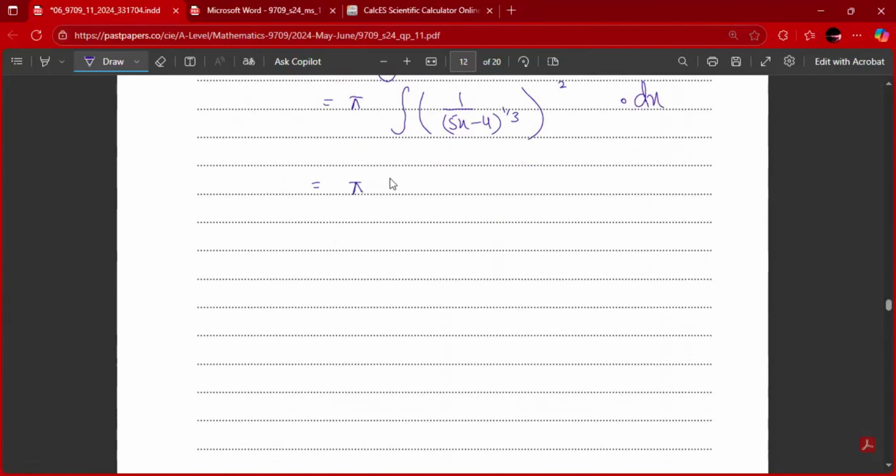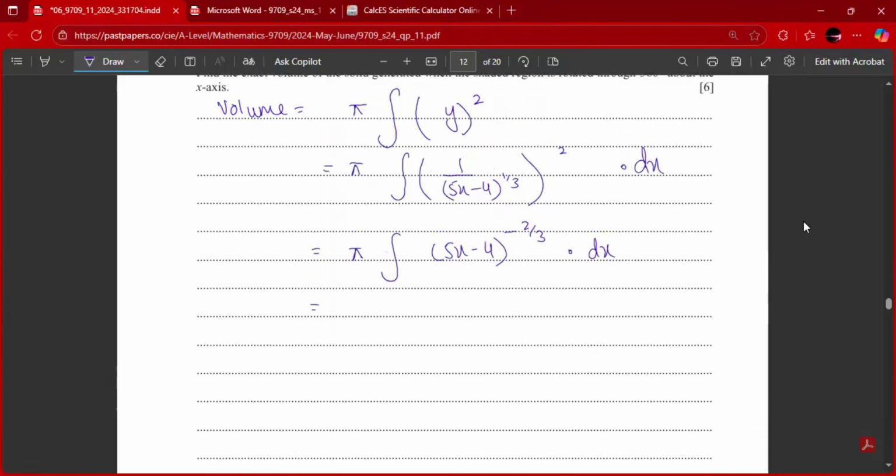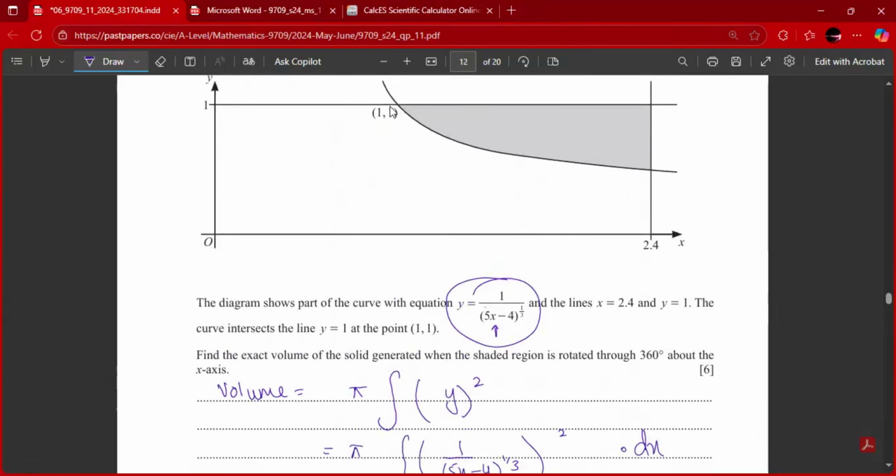Now we're going to simplify it. Now we are going to integrate it. And guys, we have the upper bound and the lower bound, both of them here, because the value of x here is 1.